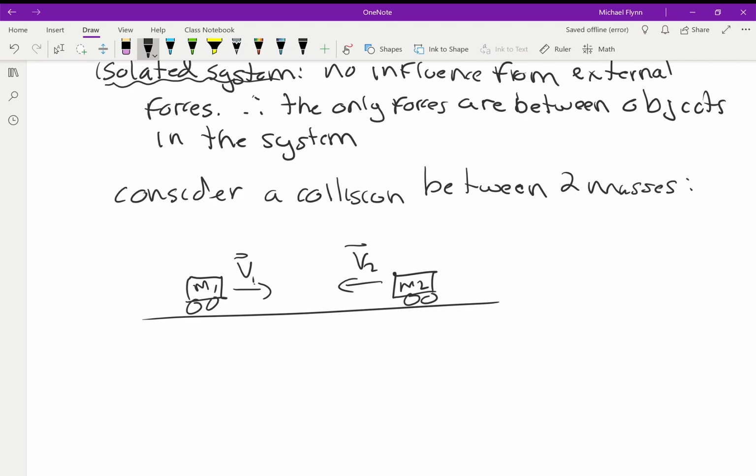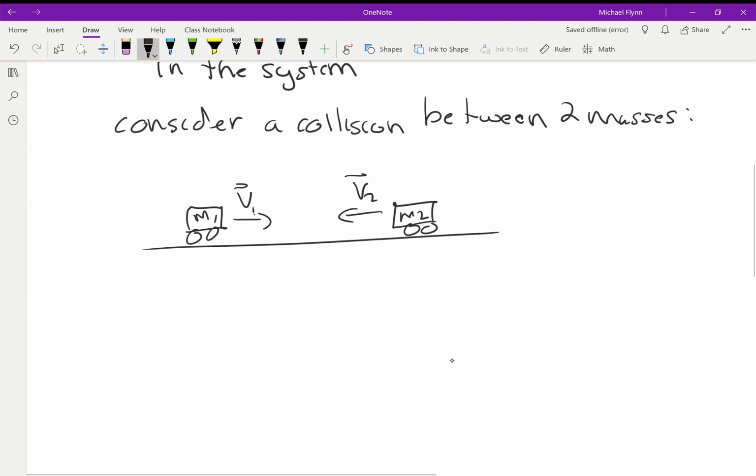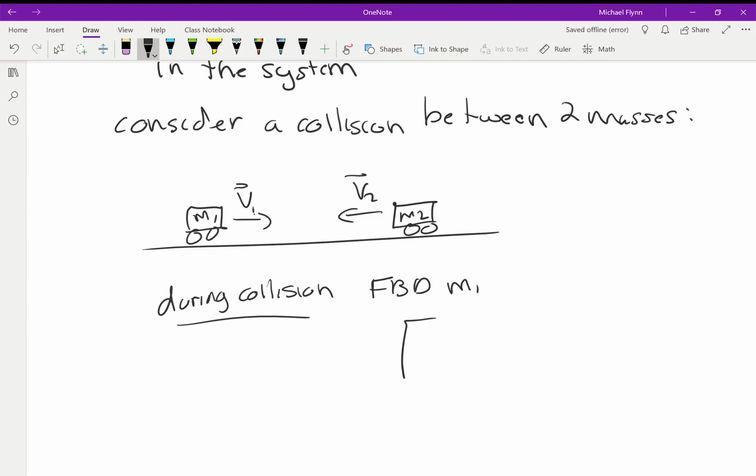All right, so when they collide, during the collision, if I draw a little free body diagram of M1, it's going to look like this. Yeah, there's gravity. Yes, there's a normal force.